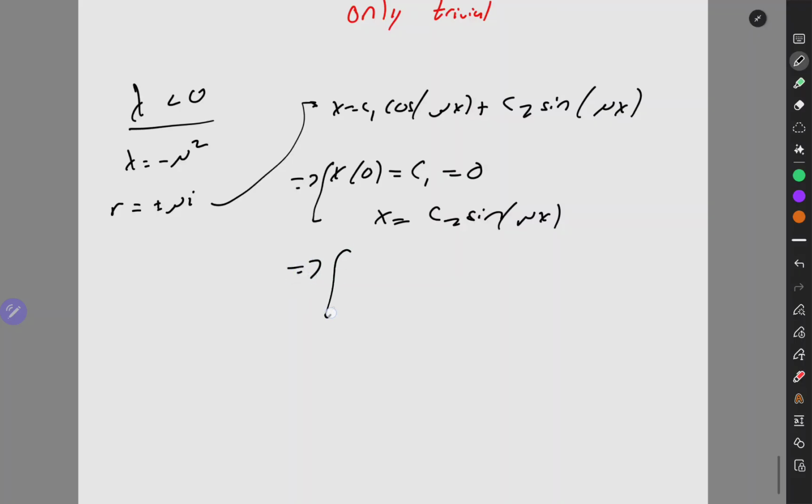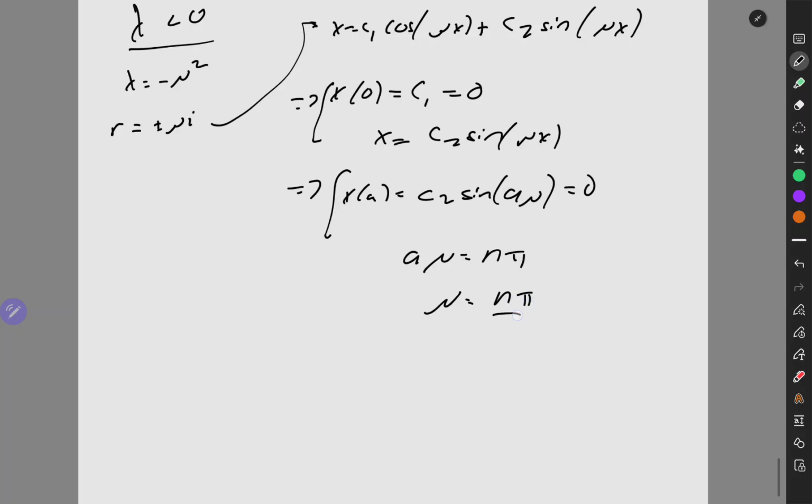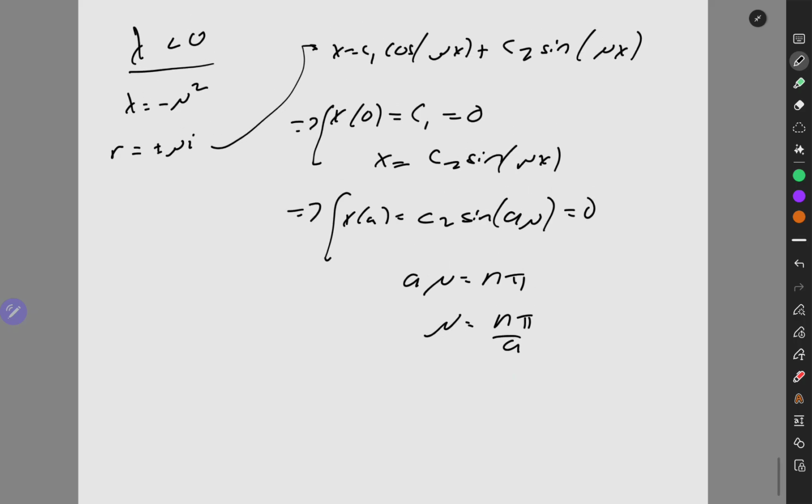Second condition, C2 sine a mu. Set a mu equal to n pi, mu is n pi over a. So what makes sine of whatever 0? Sine of n pi would be 0. So we set a mu equal to n pi. Mu is a value, so C2 is not going to be 0.